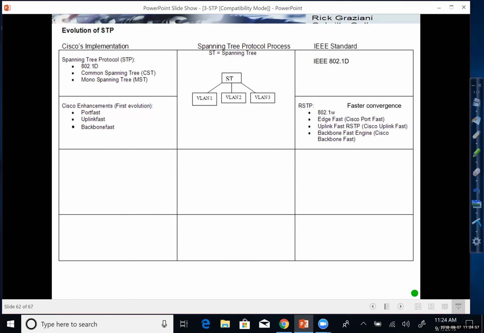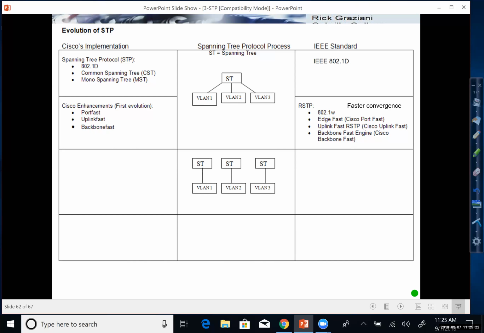And believe it or not, vendors don't want to just have proprietary standards. They want to make them open standards so they work with all switches. So all of these enhancements became part of what was called 802.1w, rapid spanning tree protocol.